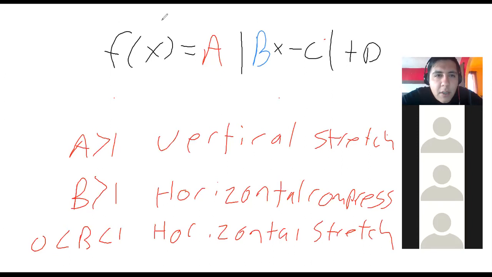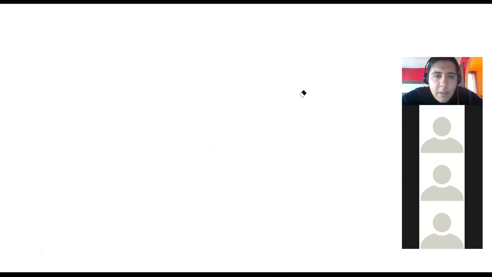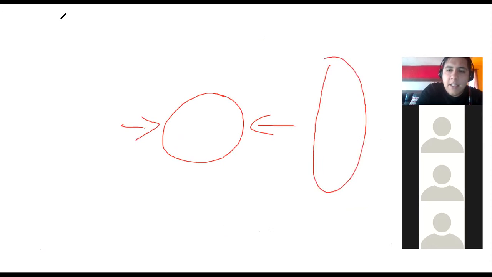Let's think about it again in terms of our rubber band, right? If we have this rubber band and we're gonna horizontally compress it, that means from the sides, we're gonna go like this, right? So that should end up looking like this.